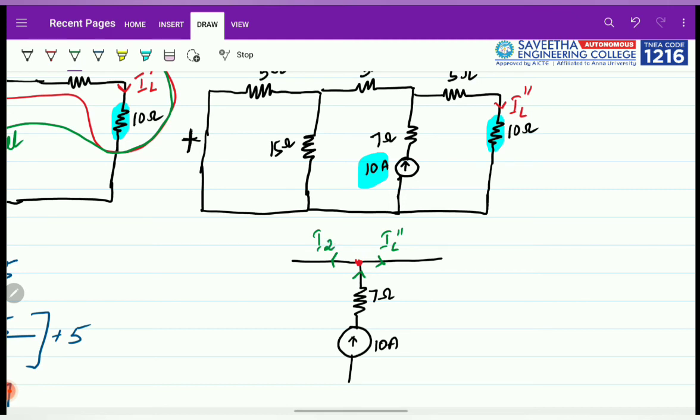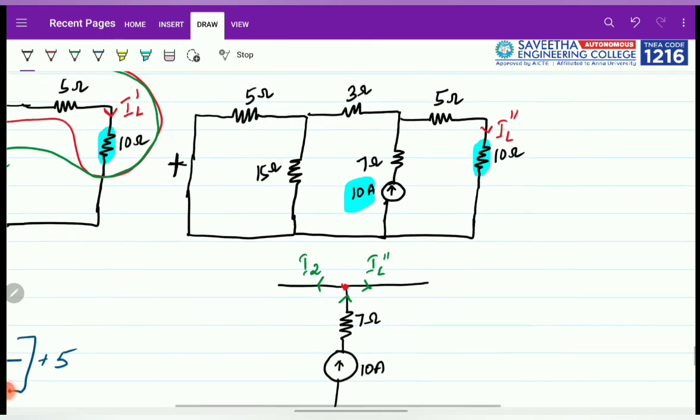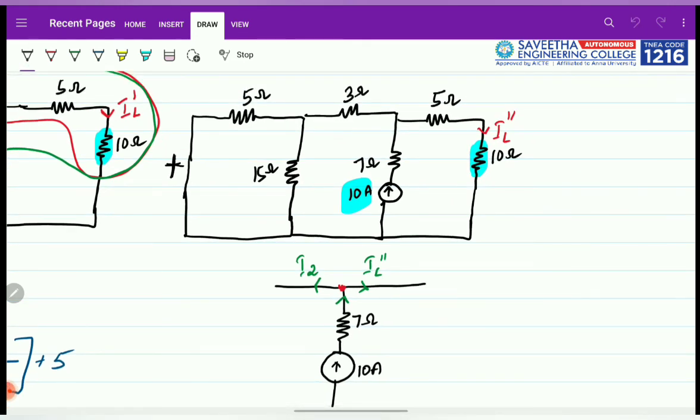We are not bothered about how much value of current is going, but if I have to find the current which is going here, what I have here is a 3 ohm resistance, after which it splits to 5 and 15. Okay, and here I have a 5 ohm resistance and a 10 ohm resistance.